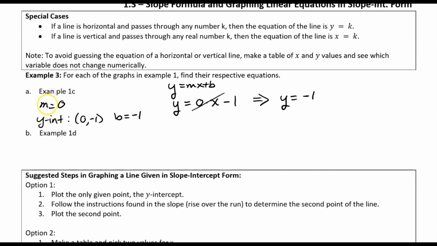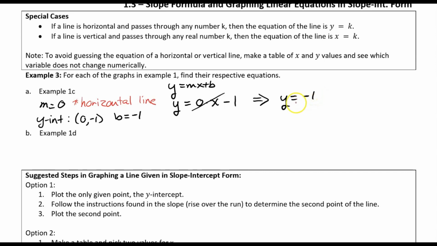And what was unique about the slope being 0? Well, that's when we have a horizontal line. So when we're dealing with a horizontal line, we don't have any more x value here. Our equations are simply going to be y equals some number, and that number happens to be our y-intercept.